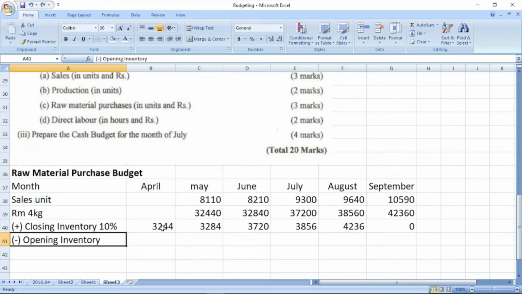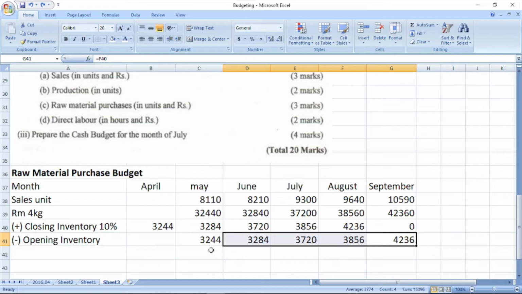The previous month closing inventory will be opening inventory of the next month. The April closing inventory 3,244 will be opening stock in month of May. It is 3,244.